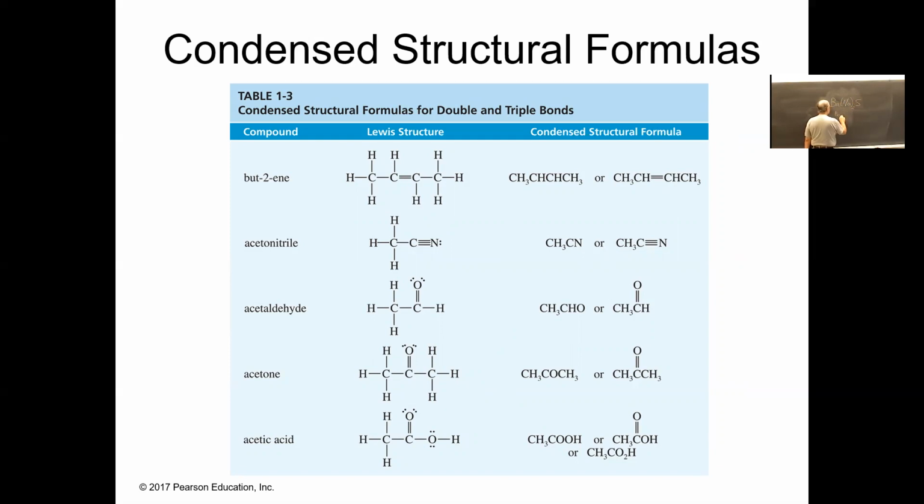Okay, so we repeat Na twice, we repeat it once, and this is bananas. Okay, double bonds and triple bonds have to be shown explicitly.